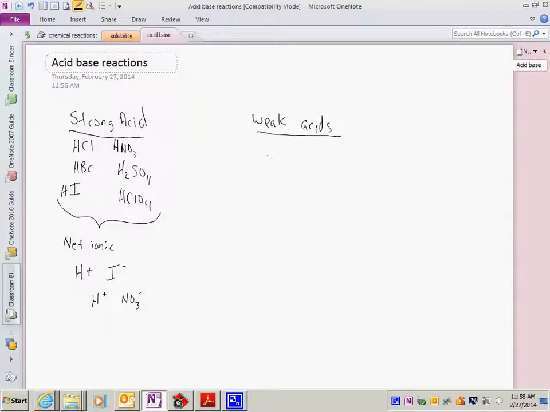I would say, for example, ammonia and ammonium. Ammonium is a weak acid, and its conjugate is ammonia. Very common. We have organic acid, like let's say vinegar, which is HC2H3O2. Its conjugate would therefore be C2H3O2 negative.